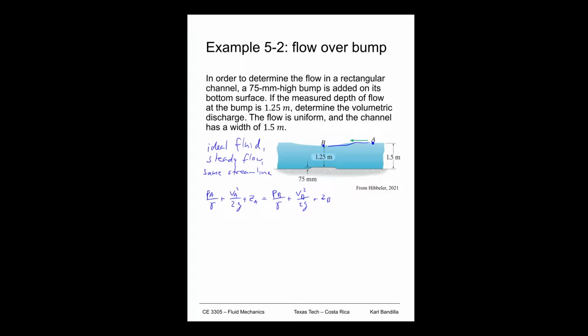Now we just have to go through and figure out what all these are. In the end we are interested in what either VA or VB is, because if we have that and we assume the flow is uniform over the cross section, then we can get the flow rate, which is what we want.